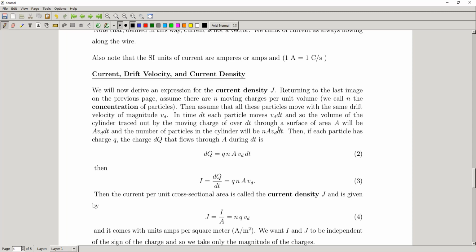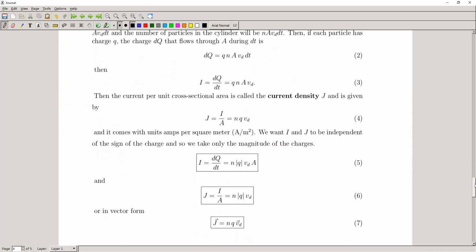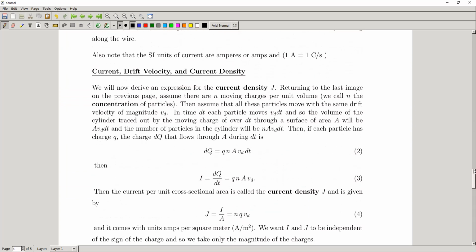And so the volume of the cylinder traced out by all of this moving charge over a time dt through this area A here. There's going to be some cylinder traced out, like there's a little thickness to this cylinder, traced out over the time dt that this thing is moving.